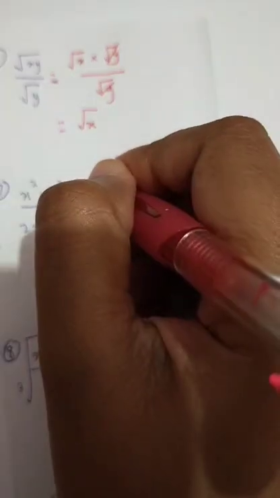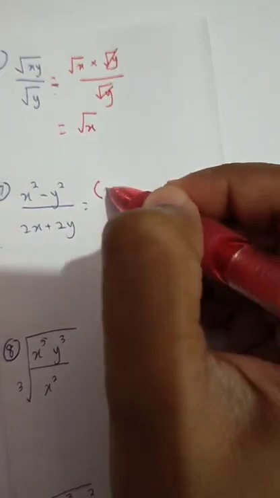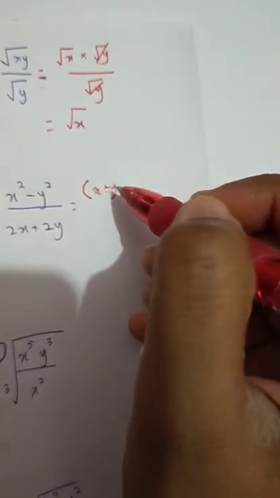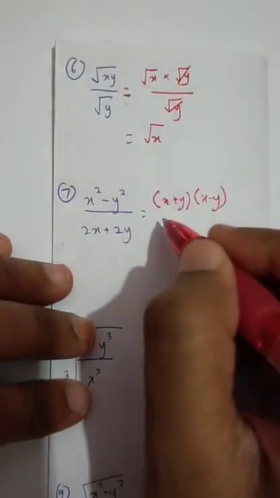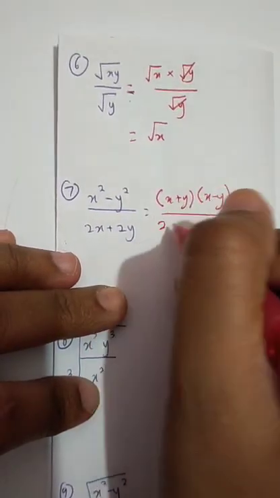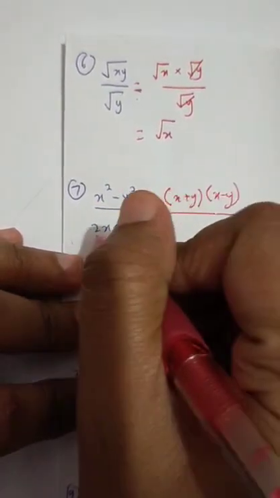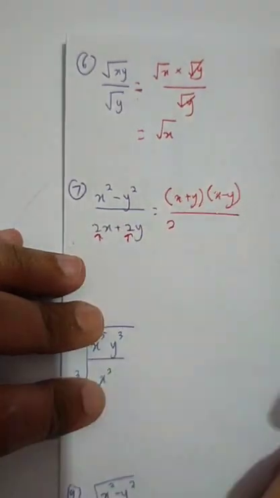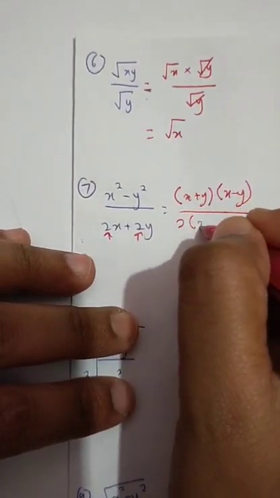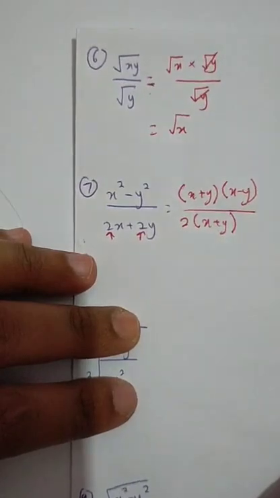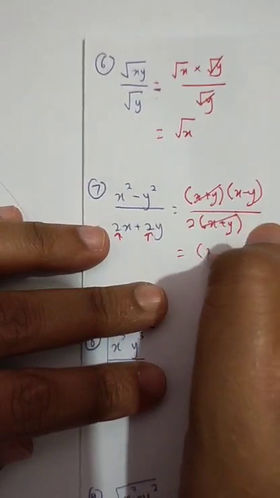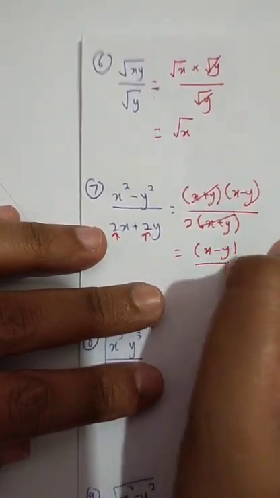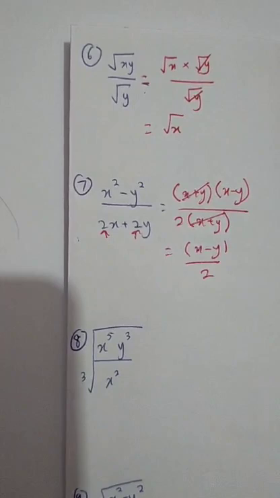So we can get (x + y)(x - y) over, this is 2x plus 2y. We can take out 2 as a factor, so 2(x + y). Now it's multiplication, so I can cancel this with this, so I have (x - y) over 2.